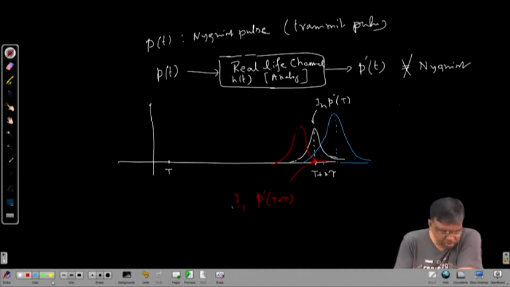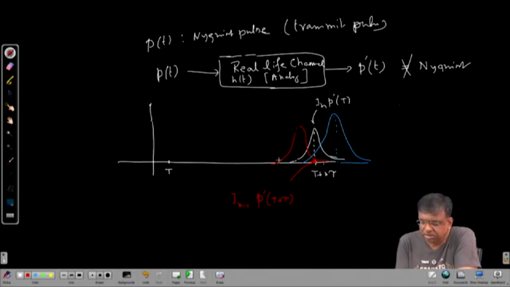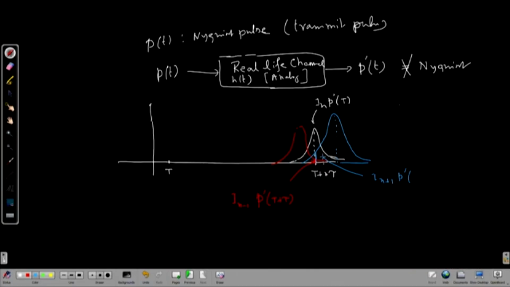So, I n plus 1 times p prime, from the center point going to the left by tau, so p prime of T minus tau, and so on and so forth.